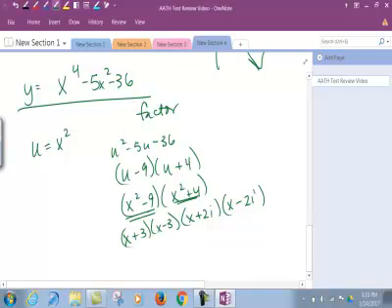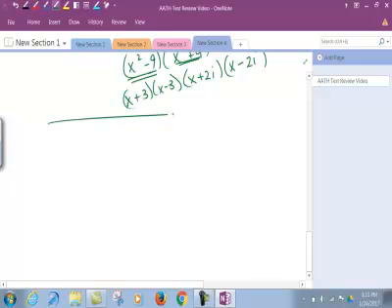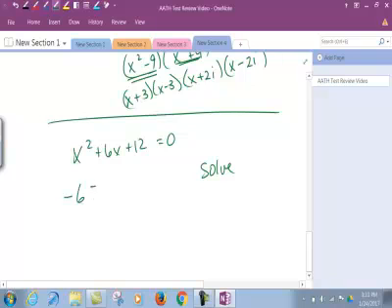All right, great. Let's go ahead and do a quadratic formula that has complex roots. So let's look at x squared plus 6x plus 12 and set that equal to 0, and can't be factored. And so to solve this, we're going to negative 6 plus or minus the square root of 6 squared minus 4 times 1 times 12 all over 2 times 1.